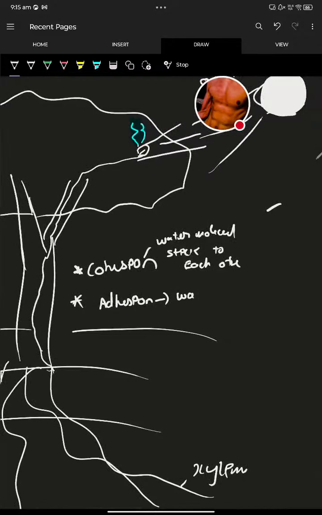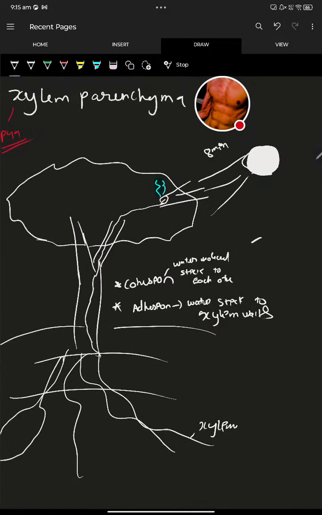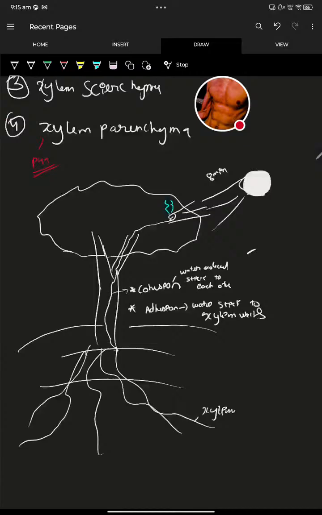And adhesion: the water molecule sticks to the xylem wall. So here cohesion and adhesion are both going on. Cohesion makes the water molecules stick together, and adhesion sticks them to the wall.